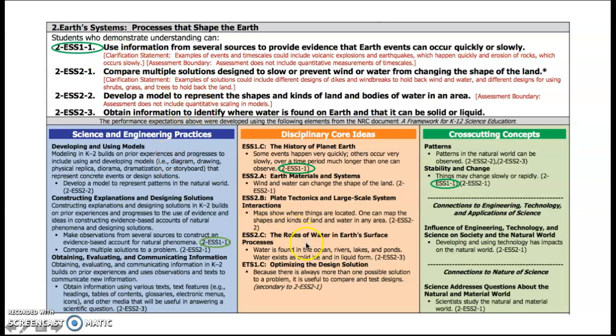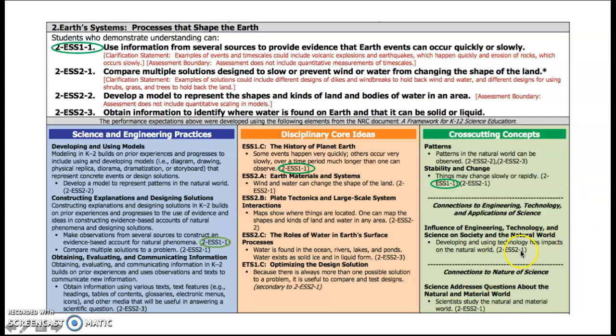We'll stay here for a second, and we're going to look at both the connections to engineering, technology, and applications of science, and the connections to nature of science. You can identify by the code what performance expectation is associated with it. So as you see here, we have our code under both of these.